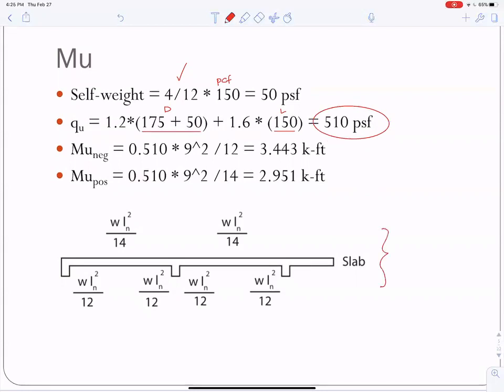It's less than 10 feet, so we can use the slab moments. WL squared over 12 and WL squared over 14, so 0.510 times 9 squared over 12 is 3.4 kip-feet negative, and 2.95 kip-feet positive.